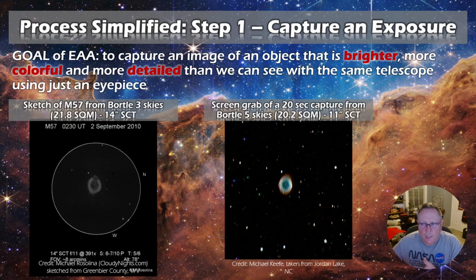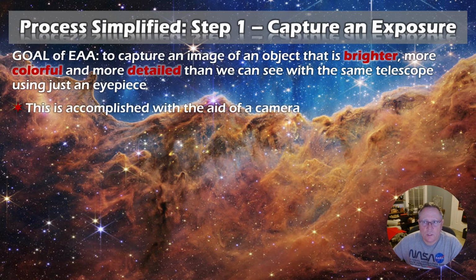In the EAA version on the right, we're picking up stars that are 18 times dimmer than what that person saw through their eyepiece in a larger scope from larger skies. And of course, this is accomplished with the aid of a camera.